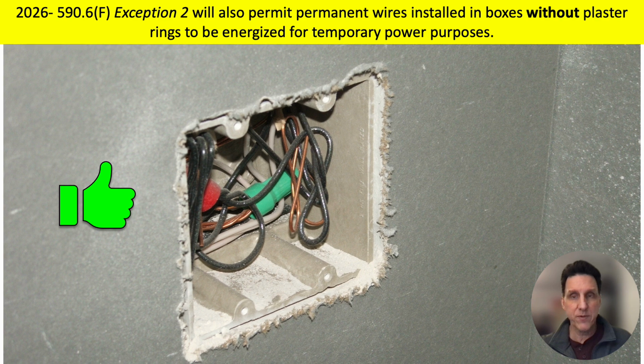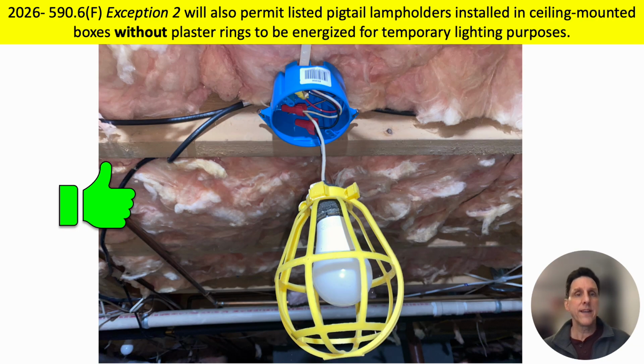Again, it has to be GFCI protected. And exception 2 for 2026 will allow you to energize the wires in that ceiling box right there, permanent wires installed in that ceiling box. You can energize that temporary light socket. It would need GFCI protection, but you do not have to put a cover on the box.